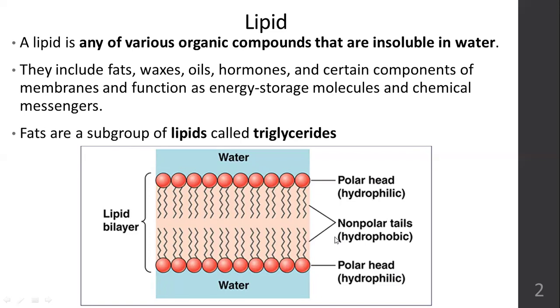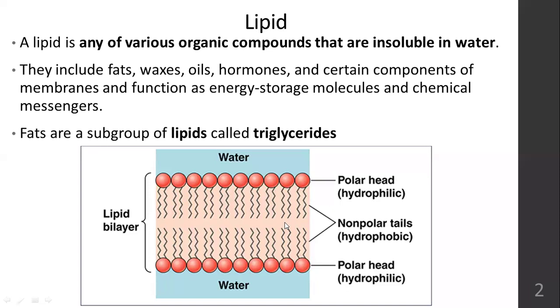Imagine a situation if the cell membrane was made only of a hydrophilic layer, it would absorb so much water the cells may actually burst. And imagine a situation where the hydrophilic area was not there, it was just hydrophobic, the cells would stay dehydrated.